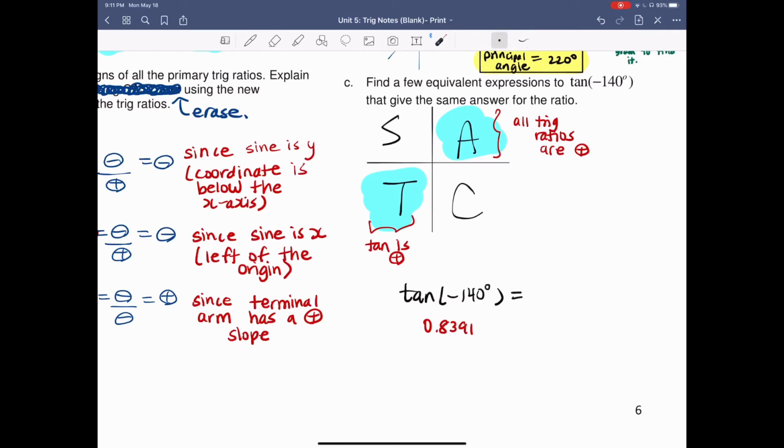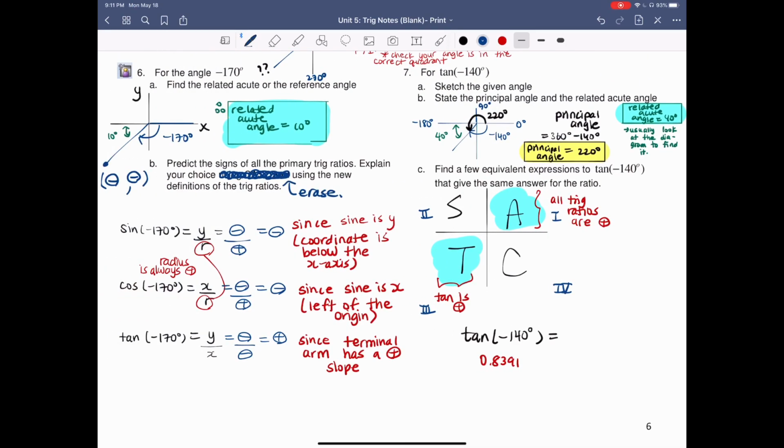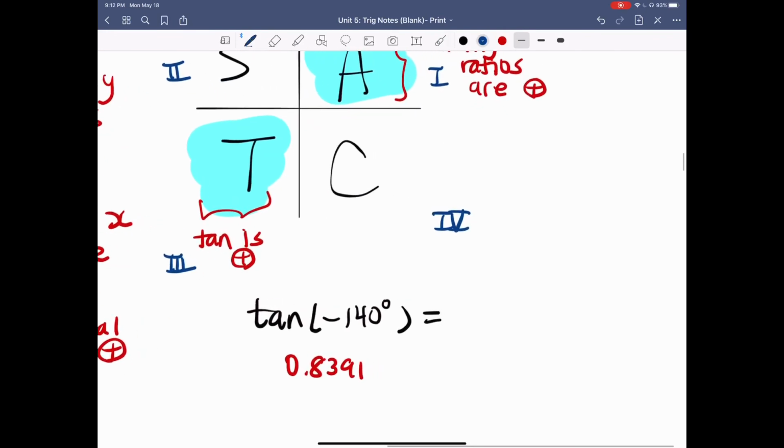So given that this is quadrant 3, and this is quadrant 4, I basically want to land on, let's say, quadrant 1 or quadrant 3 if I don't want to make any changes to my ratio. Meaning, if I have tan negative 140 and my related acute angle is 40 degrees, if I drew another angle here with a related acute of 40, that's going to be an equivalent ratio.